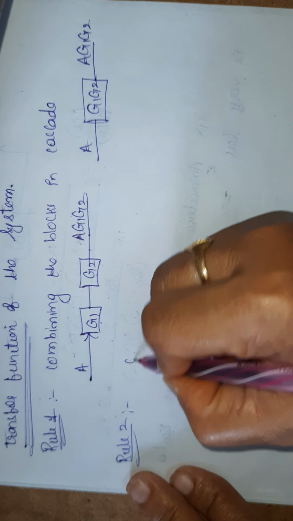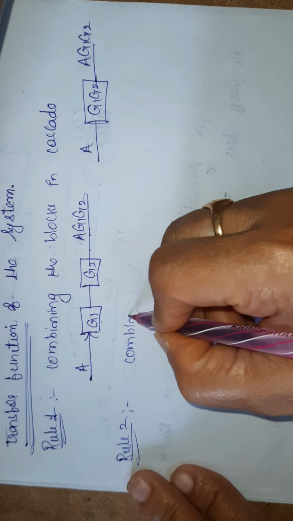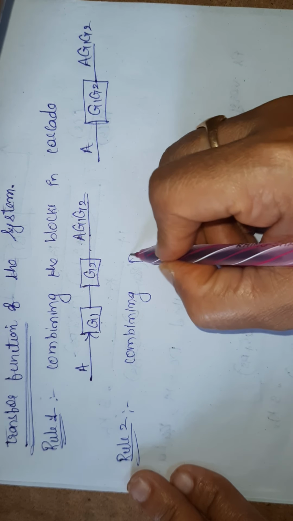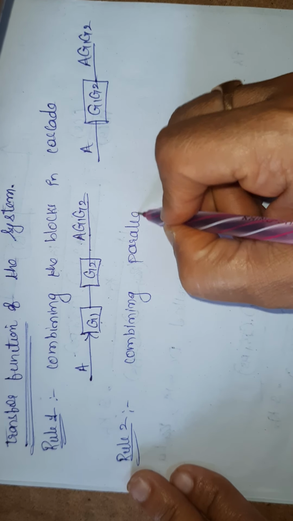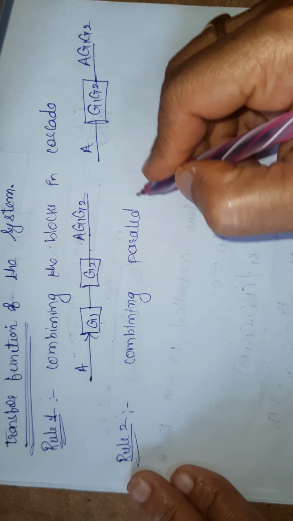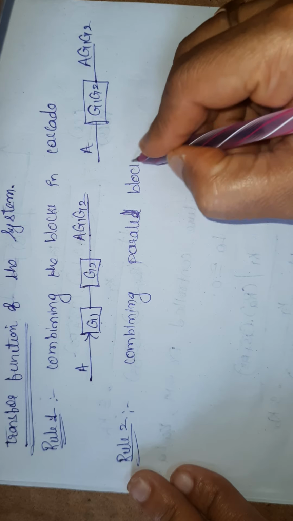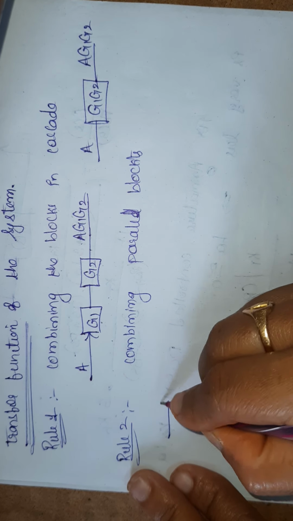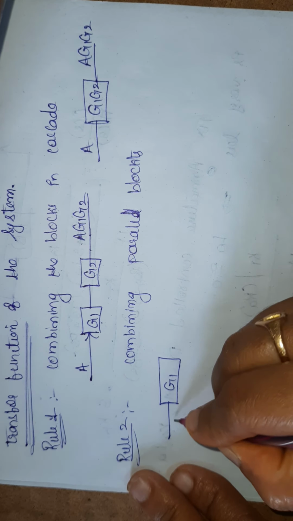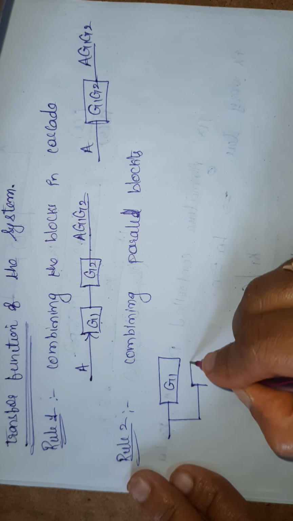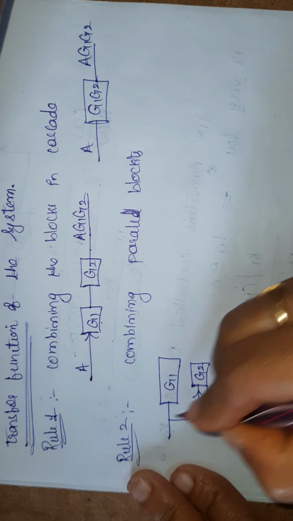Next, what is rule 2? Rule 2 is combining parallel blocks. The first two blocks were in series, cascading format. Now the blocks are in parallel form like this. This is G1 and this is G2.